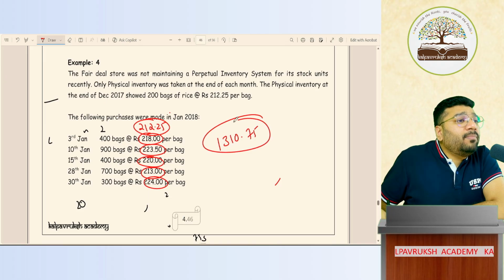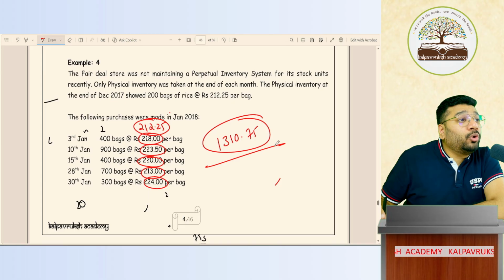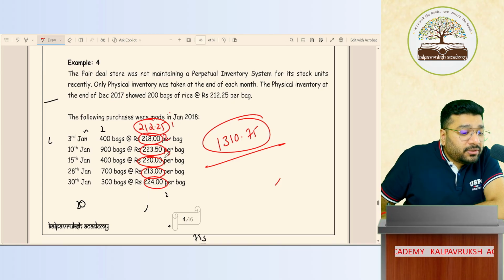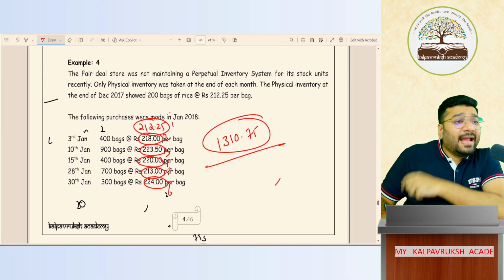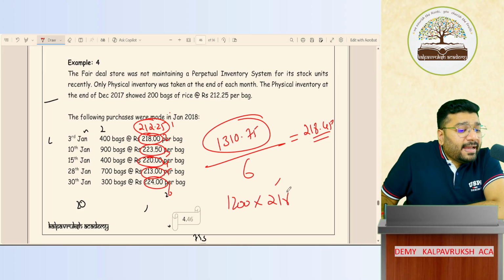What is this? Sum total of all the rates. Divide by the total number of rates. How much is the total number of rates? 1, 2, 3, 4, 5, 6. You have added six rates. Divide by 6. So what is the simple average rate? 218.45. So 1200 kgs into 218.45.